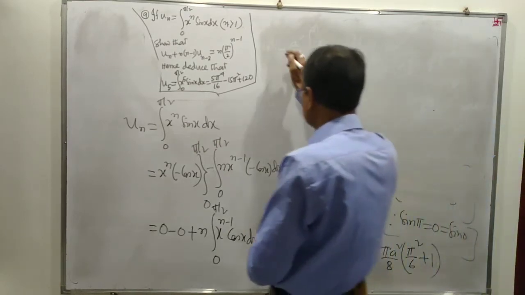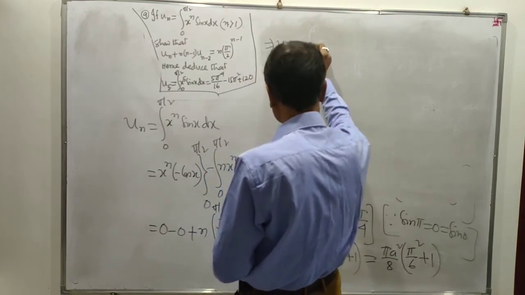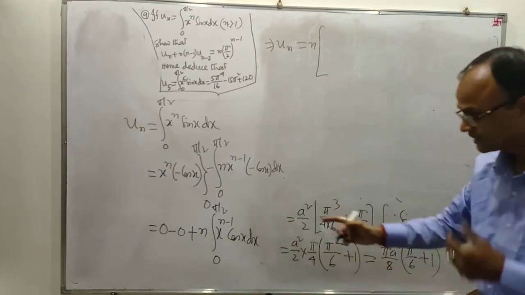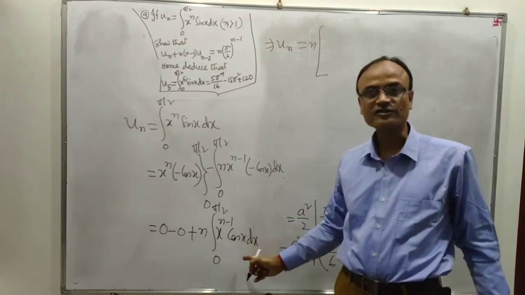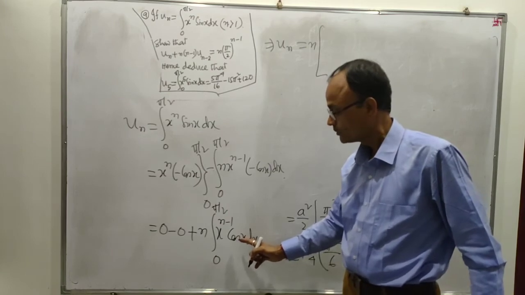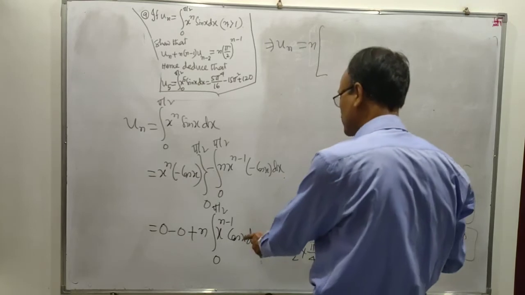This means un equal to n times. Again integrate this by parts. Now we shall take cos x as the second function. Integrate this by parts.